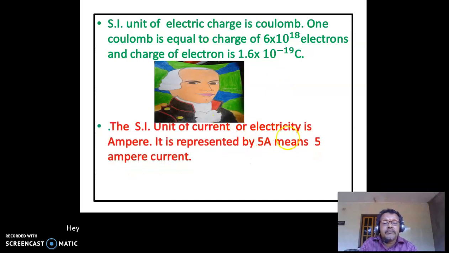The SI unit of charge is coulomb. The SI unit of electric current is ampere. This is denoted by A. It is represented as 5 A, meaning 5 ampere current.